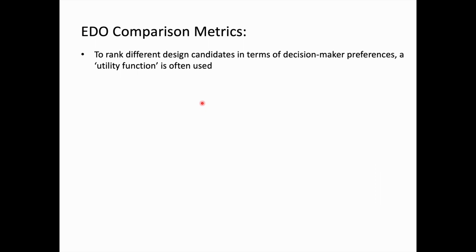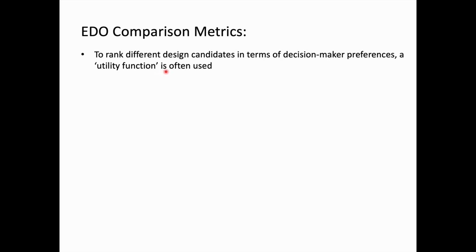Comparison metrics. To rank different design candidates in terms of decision maker preferences, so whether that's the customer who's purchasing, say if we're using the car as an example, or whoever's making the final decision about what is to be made. To rank different design candidates, if we're thinking in terms of decision theory or decision science, often we talk about a utility function.